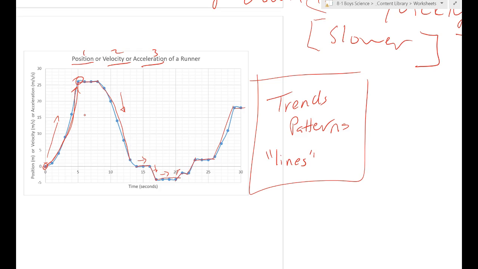Or if it were a velocity graph, how to speed up from 0 to 26 meters per second. Or if it's an acceleration graph, recognize that this curved but increasing line here is positive acceleration and that your jumps are getting faster. So you can recognize the trend and the pattern just like we have been the whole time. You just won't be able to give specifics, which is fine.